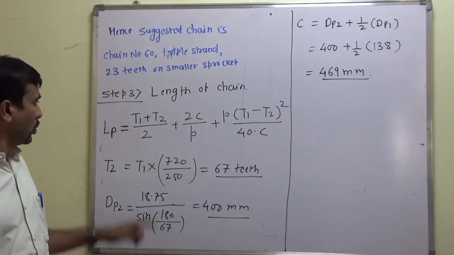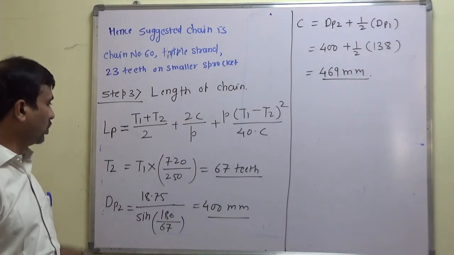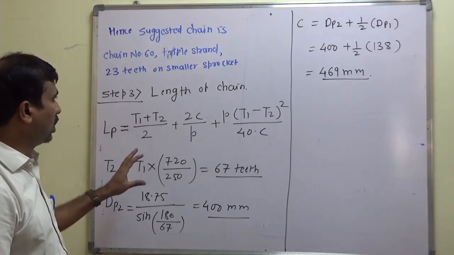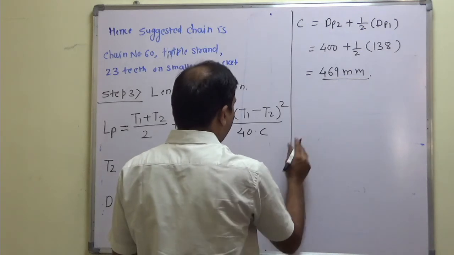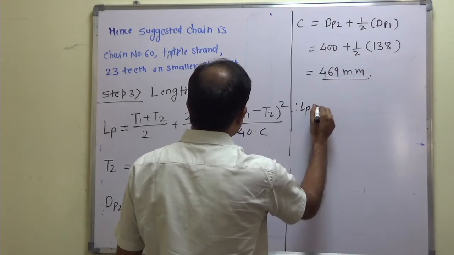So in this formula, center distance is known, pitch is known, T2 is known. Just substitute the values and we can calculate length of chain in pitches.